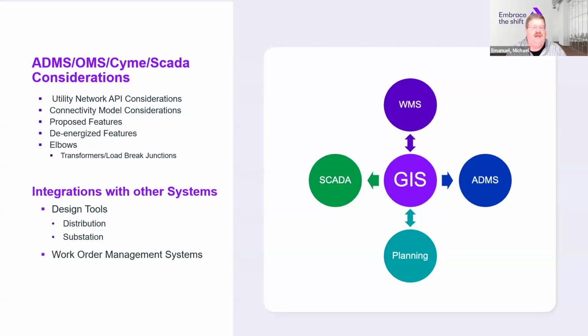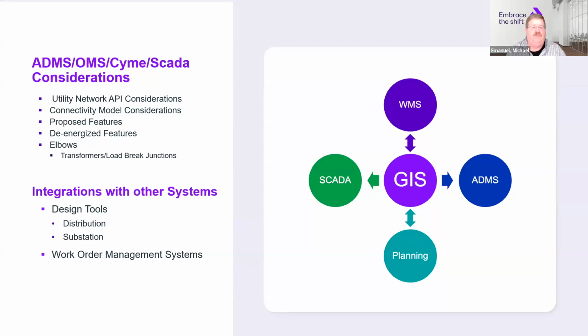You have to consider your connectivity model considerations. The UN has its own connectivity. It traces out based on its perceived flow of electricity. You have other systems that are more of a connected model consideration. And so you have to consider those differences.